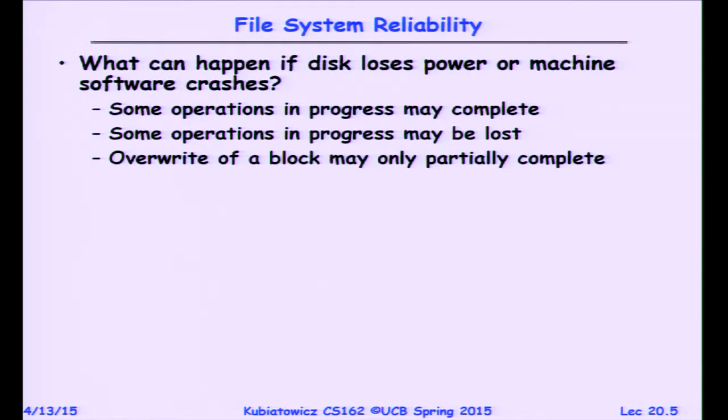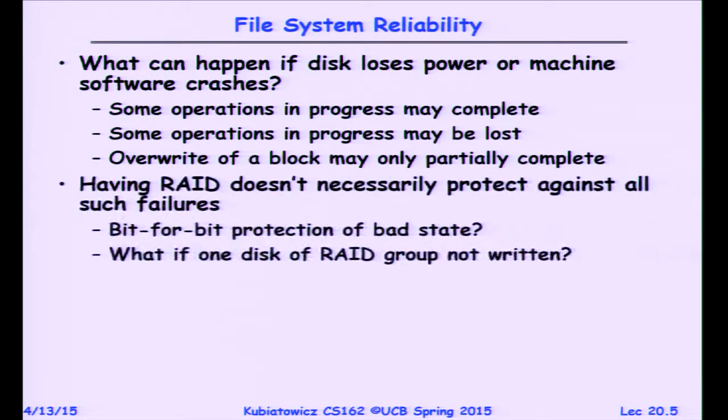Or it used to be non-volatile RAM, which is literally, you can buy little chips that have a DRAM and a battery together in the same device. So that helps you a little. But of course, if the software crashes, then you could get really weird, inconsistent problems there. Now, having RAID, as I mentioned, doesn't help entirely because bit for bit protection of bad state is still bad state.